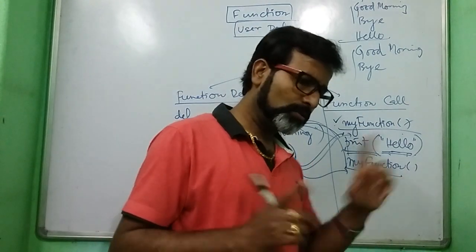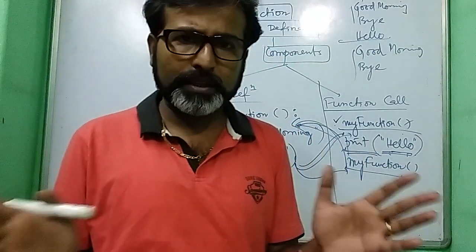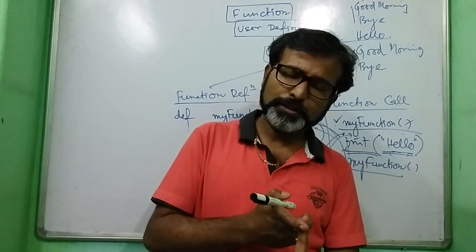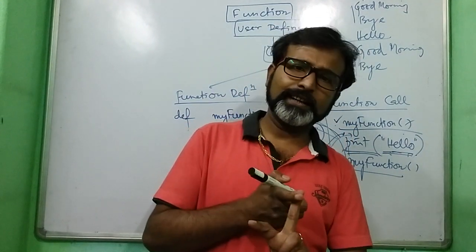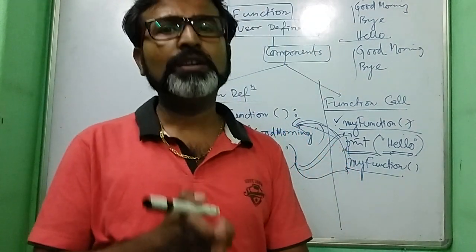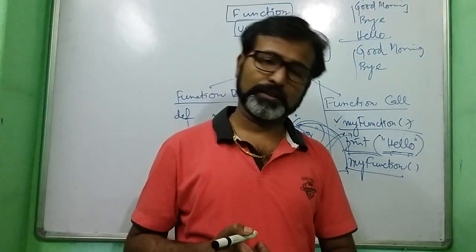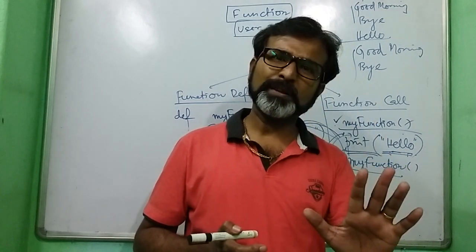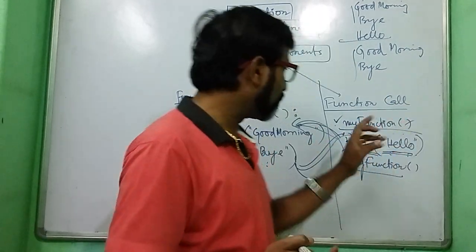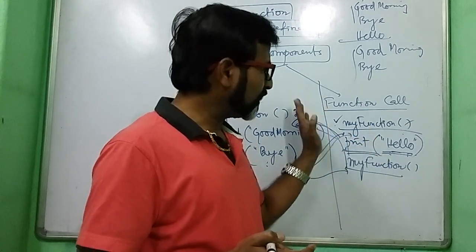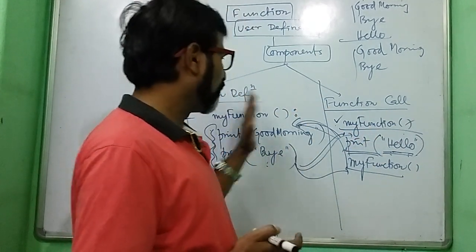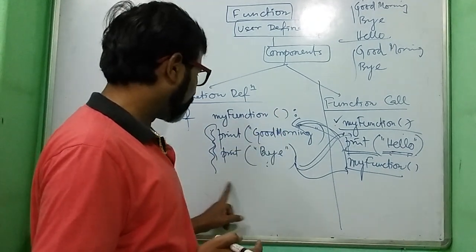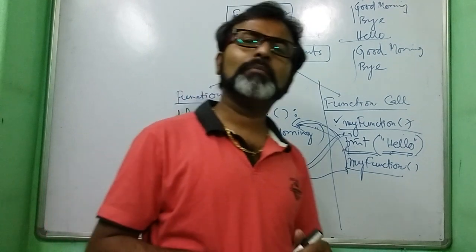And I told that user-defined functions have 2 components or 2 areas: one where we define the function, that is most important, and the second, the invocation of the function or the calling statement of the function. Understood? So the calling statement, from where you are invoking. So these are basically the 2 parts, and we have to take care of the syntaxes and all, argument and return type. That we will do in my next video.